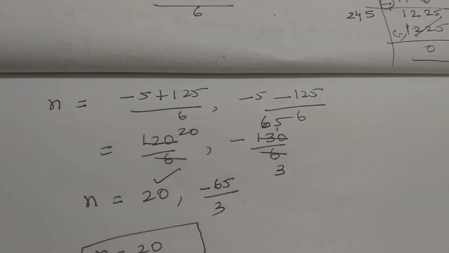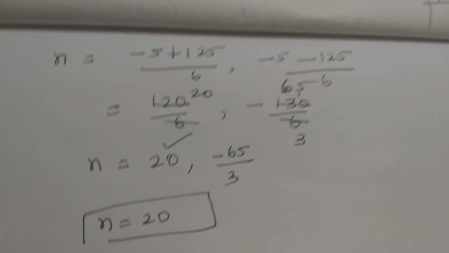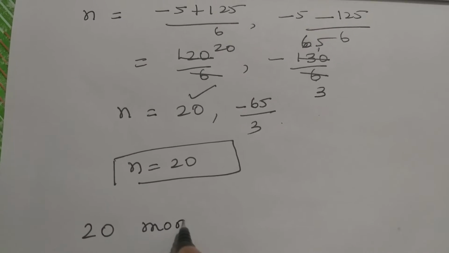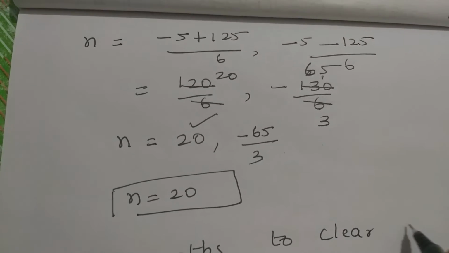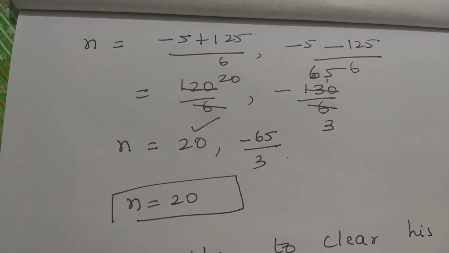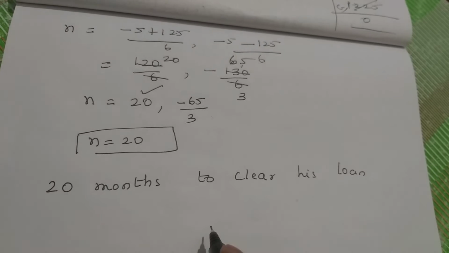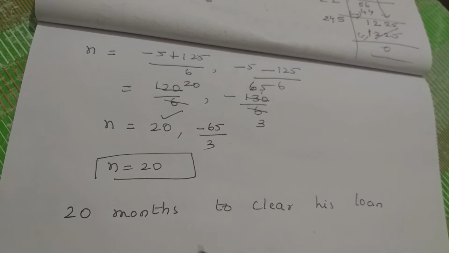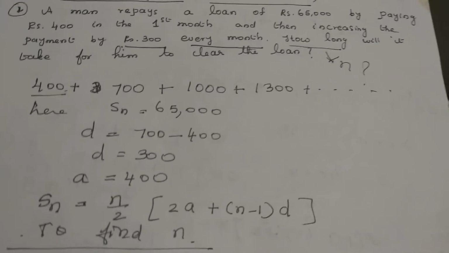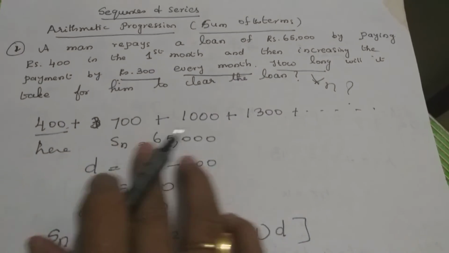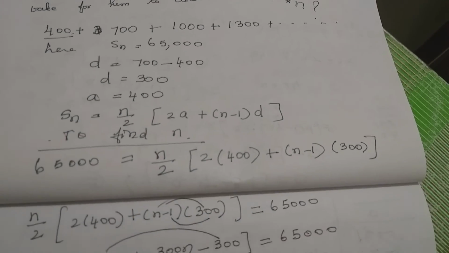That means he is taking 20 months to clear his loan. This is your final answer. Children, I hope you understand. Suppose any doubt, you can go through once again all this that I taught.